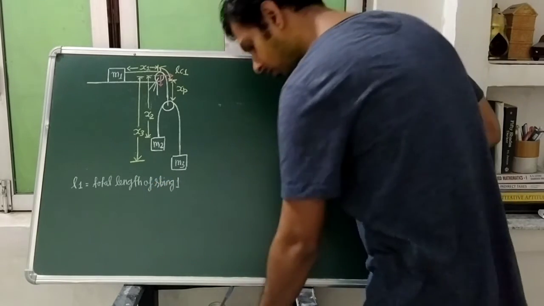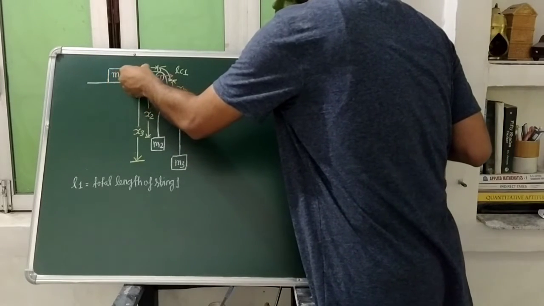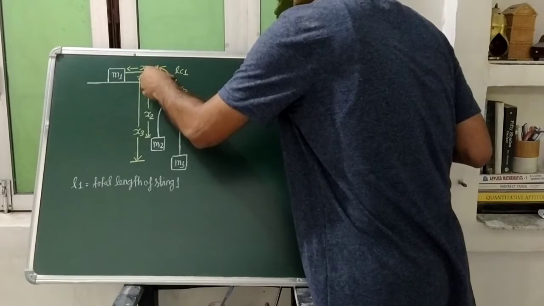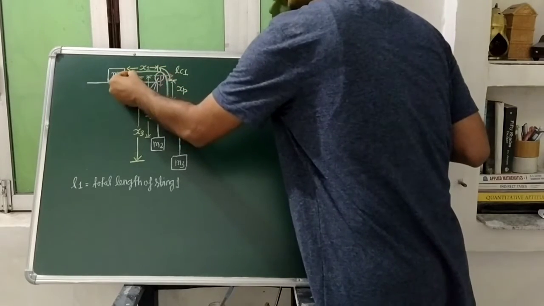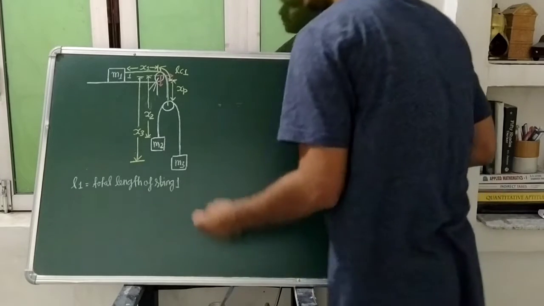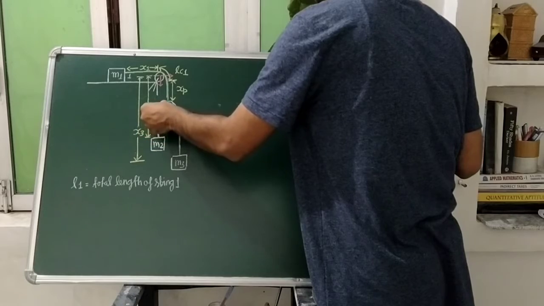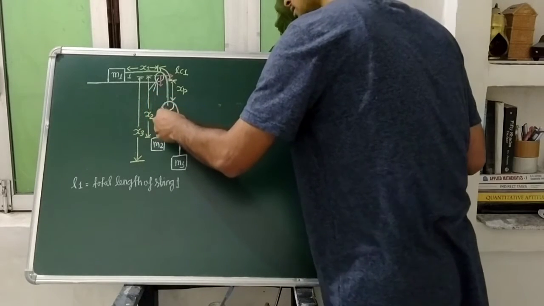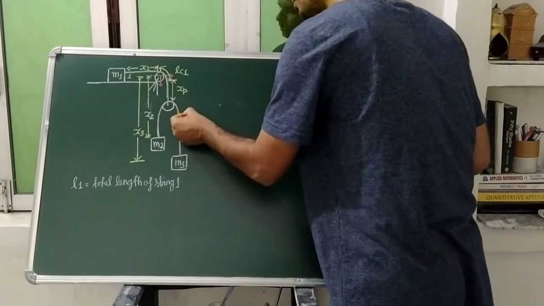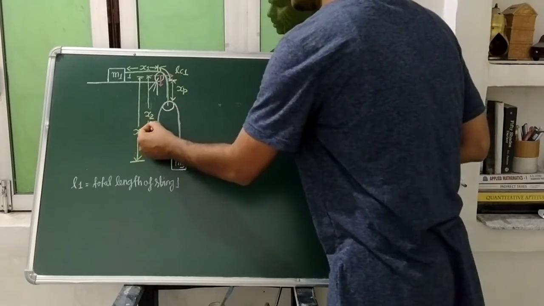Of course, when you look here, it will be our first string that we can name as 1, and here we will get the second string. So two strings are present here, 1 and 2.